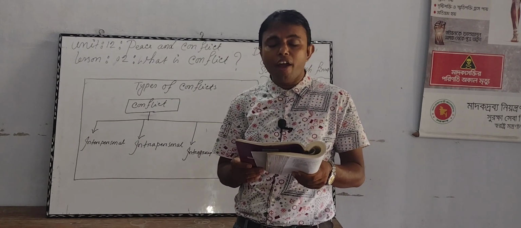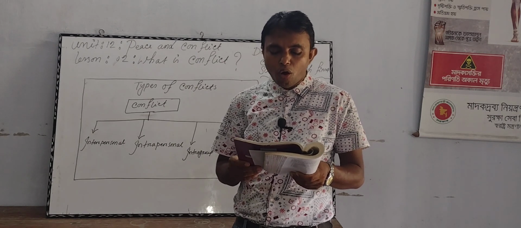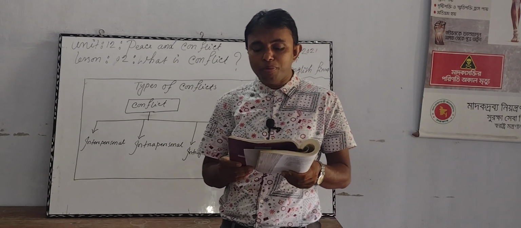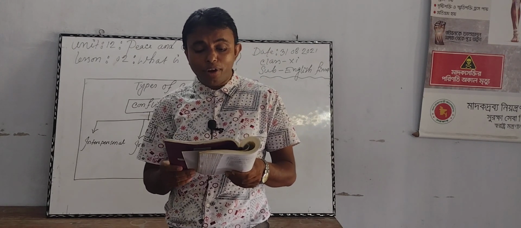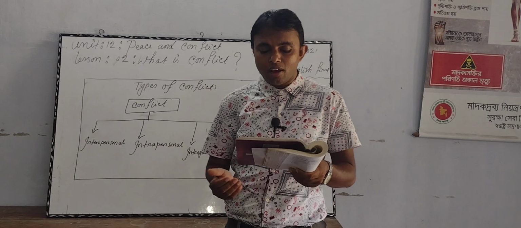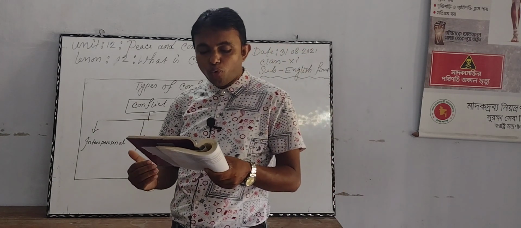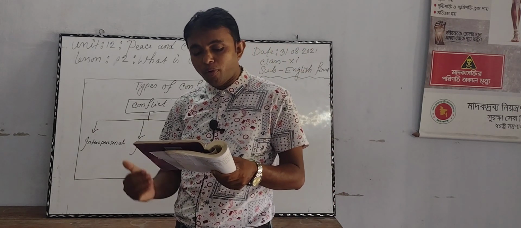Conflict is an inevitable part of life. All of us possess our own opinions, ideas and sets of beliefs. We have our own ways of looking at things and we act according to what we think is proper.